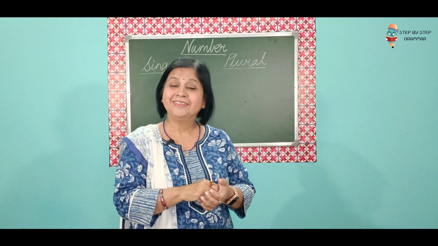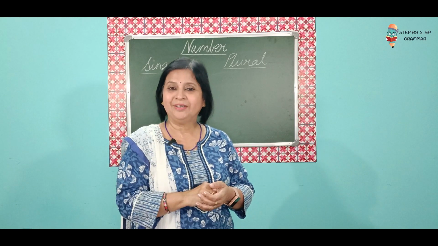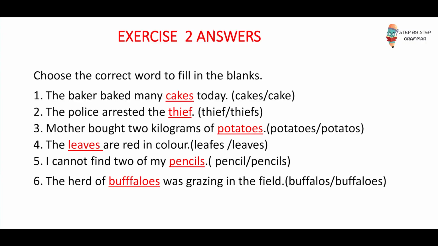Read the sentence properly to find out that word which will tell you. Answer time. The baker baked many dash. The word that will help you to choose your correct answer was many. And many means more than one. So, the baker baked many cakes today.